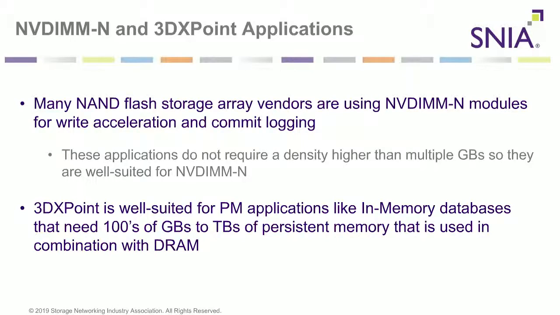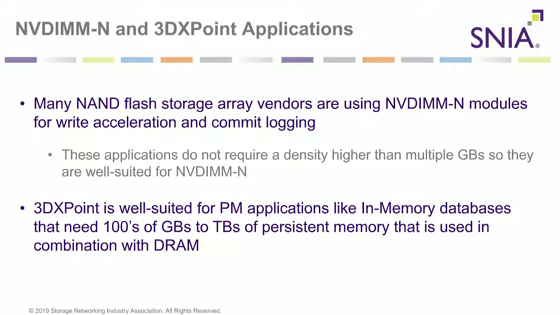All right. Here we're talking about the two persistent memory products that are available in the market. NVDIMM-N is available. You can buy it today. It has been shipping for several years. It's a proven technology, and there are platforms, the entire ecosystem built for this. 3D XPoint Optane DIMMs are very new in the market.